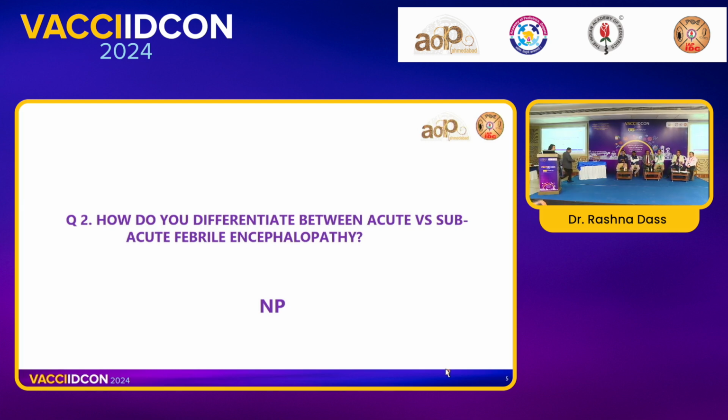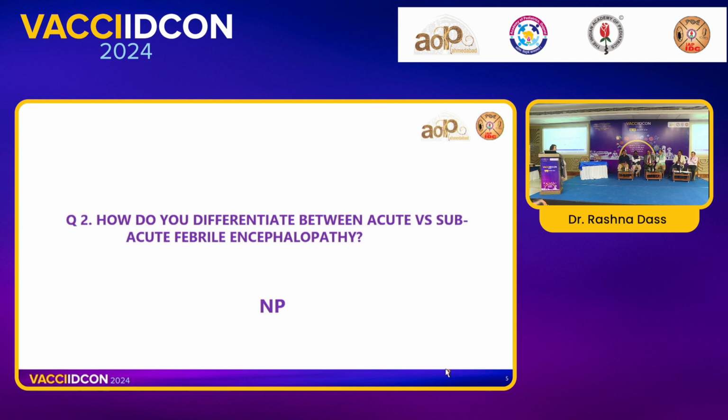When we define acute febrile encephalopathy, it is usually of very short duration, and the duration has been defined as 14 days. So any encephalopathy with fever, altered sensorium, or any CNS infection which presents in less than 14 days, we term as acute.